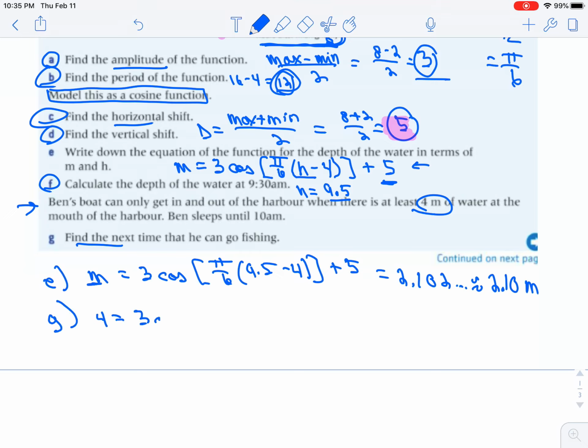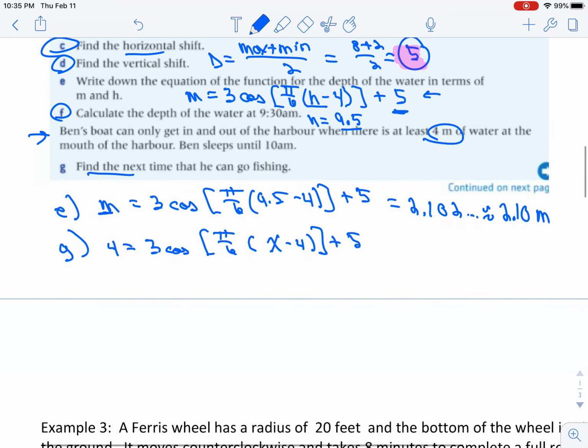4 is equal to 3 cosine of pi over 6 times the quantity x minus 4, plus 5. Oops, I'm sorry, not 9.5. We want the x back in there again. We want the general equation.